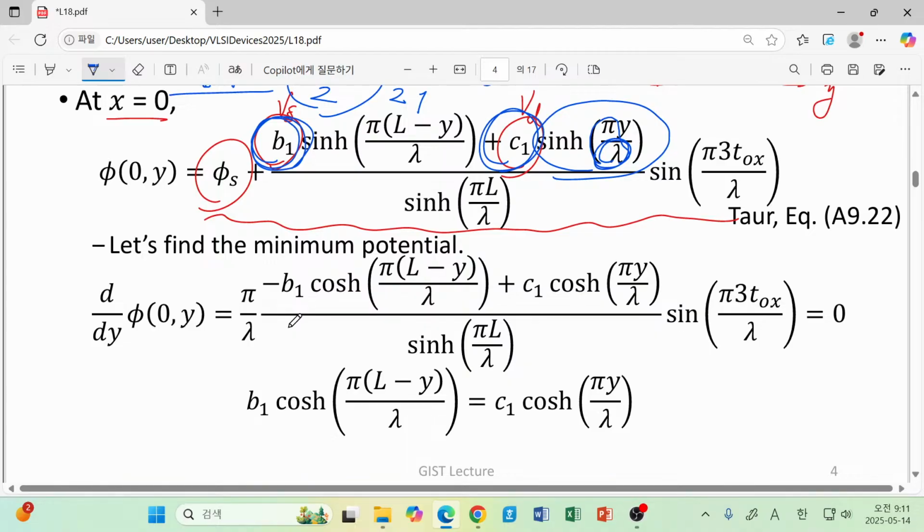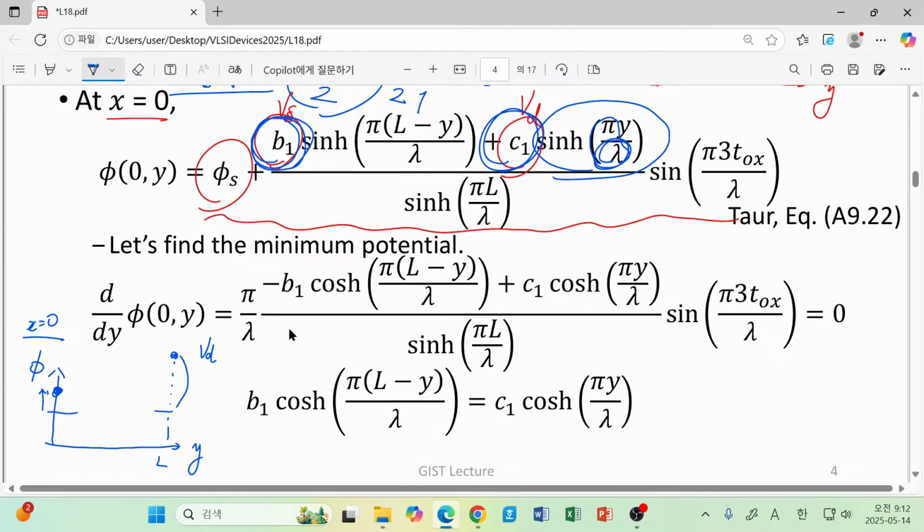Now we understand this one. At x equal to 0, at the surface, if we draw potential as a function of y, then at the source side we have a little bit increased value due to the impact of the source, and also here at y equal to L, the drain end, we have a little increase of potential due to the impact of the drain voltage and the existence of the drain side.